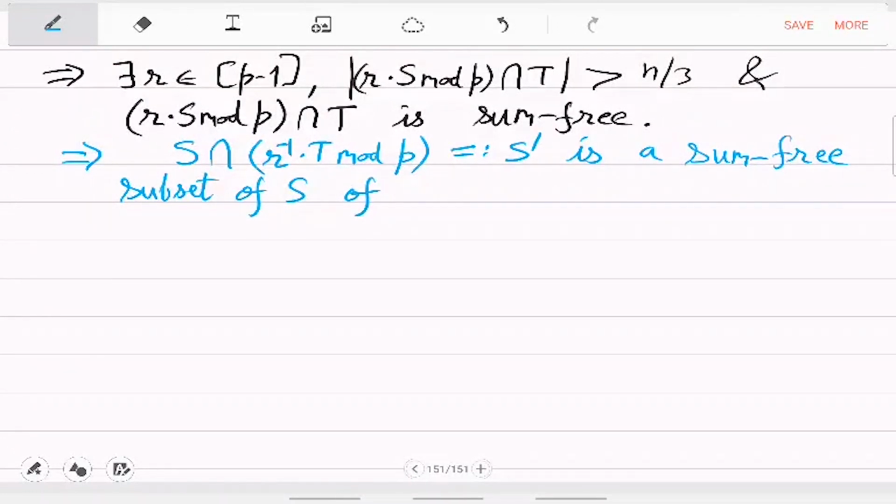So if originally you had more than n by 3 elements, you still have more than n by 3 elements.